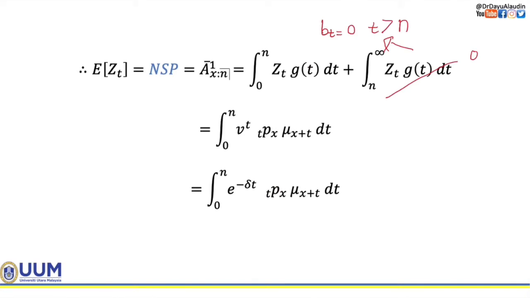So since after N years it is equal to 0, we cancel it out.